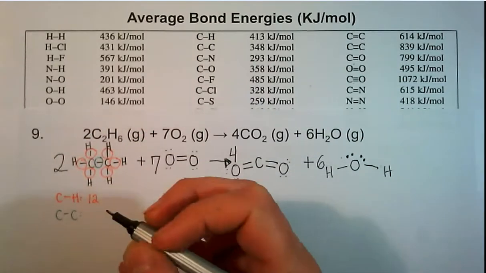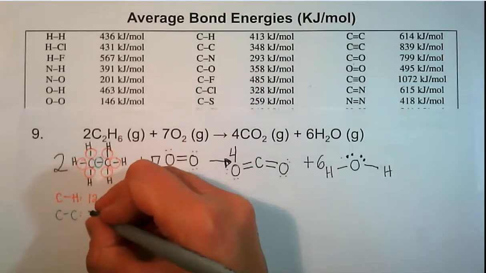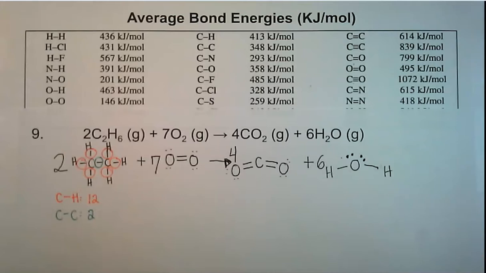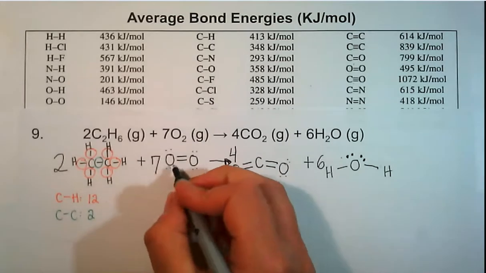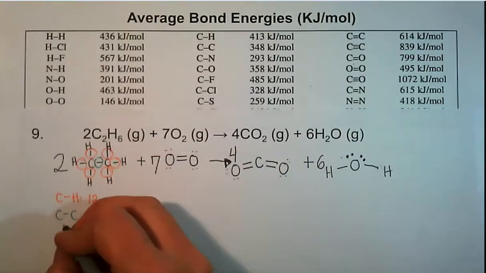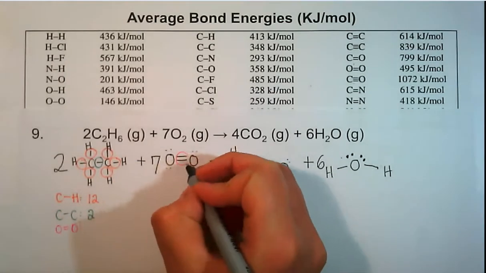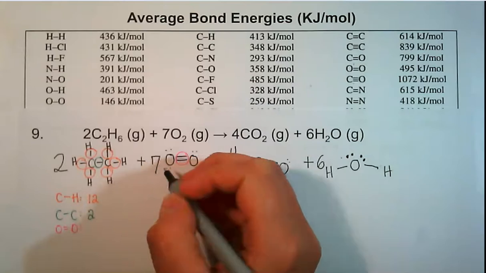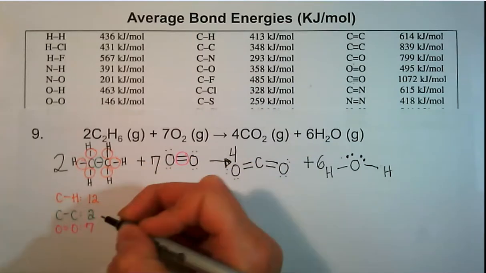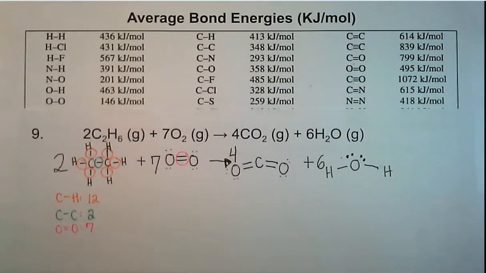We have 1 times 2, so 2 of those types of bonds. And then, lastly, I have this oxygen-oxygen double bond. And I have 1 of those times that coefficient of 7, so I have 7 of that type of bond.